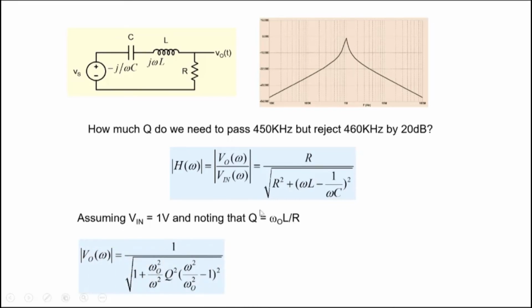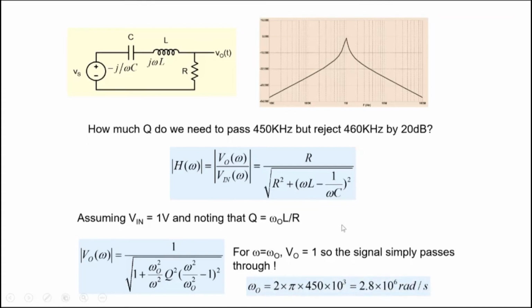And in terms of Q, we can write this circuit in this particular form here. Okay, V naught is 1 by square root, basically using the definition of Q, and using also the definition of omega naught is 1 by square root LC here. And so for omega equal to omega naught, if we plug in here, we'll see that V naught is 1, so the signal simply passed through. So that's fine. Omega naught is here.